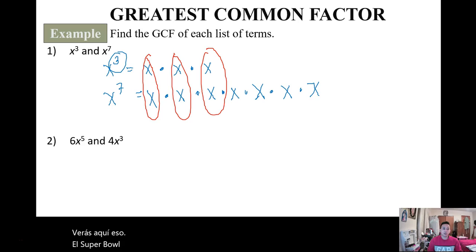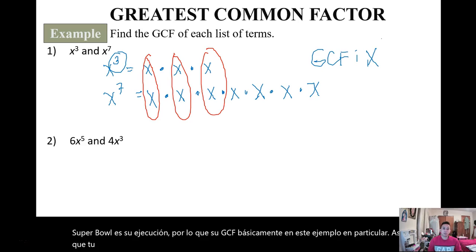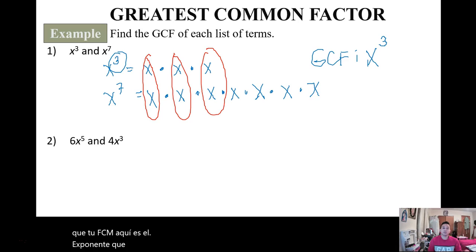So the GCF here is the variable that has the lowest exponent.